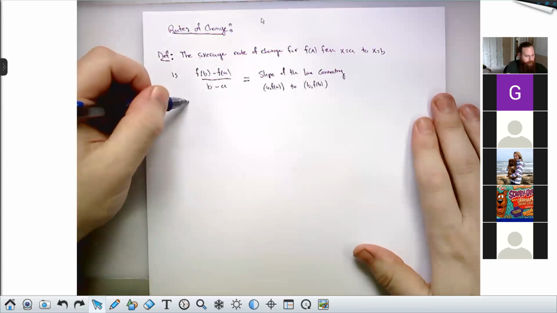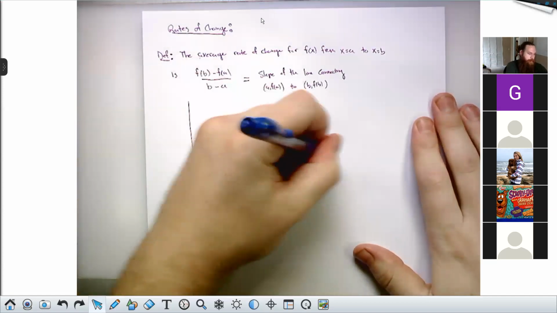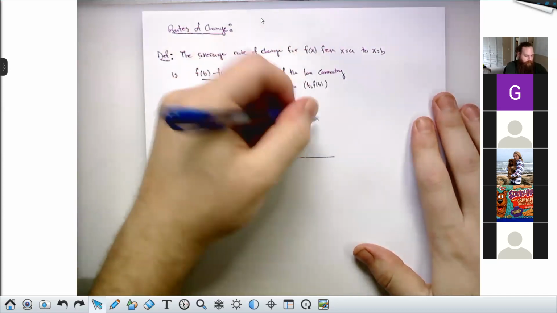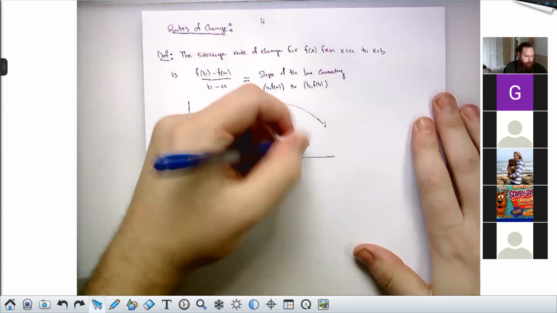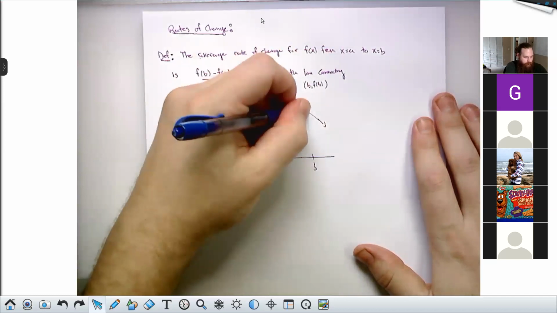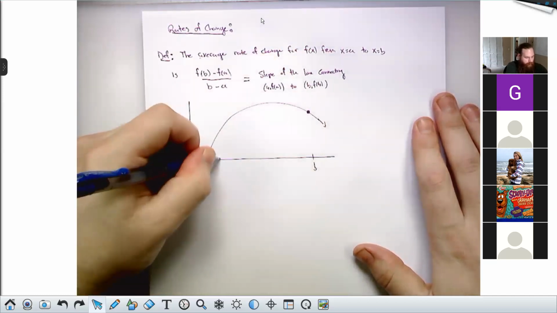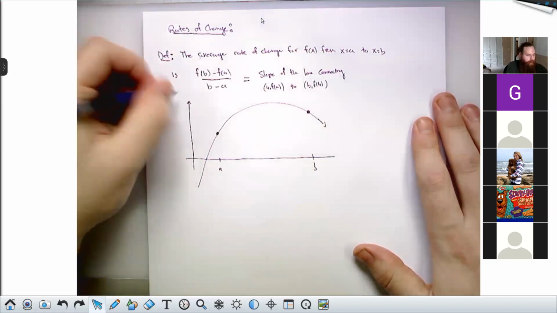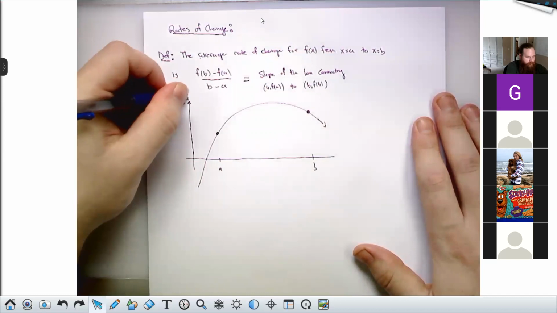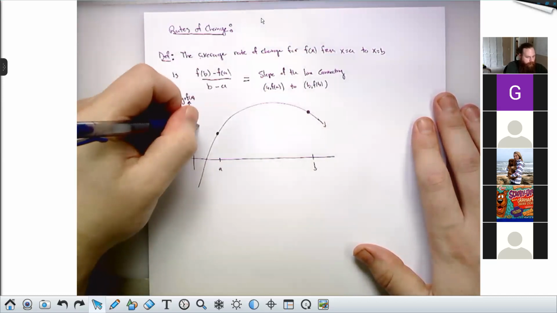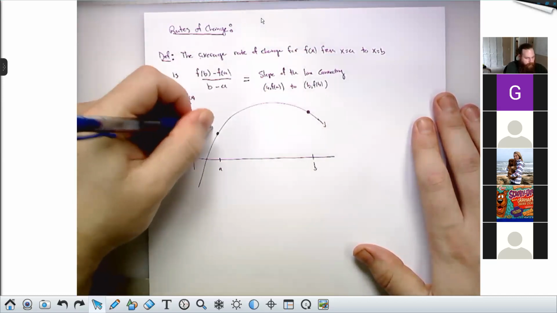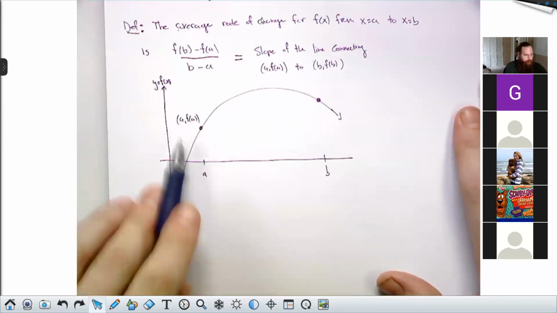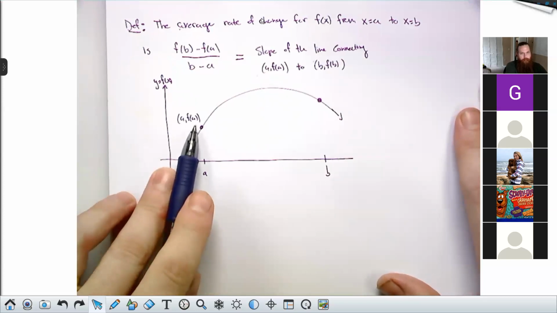And the picture that goes with this looks like this. So maybe b is over here, and a is over here. Since we're on the graph y equals f of x, this point right here is a comma f of a. Remember, every point on the graph of a function is some number comma f of that same number.